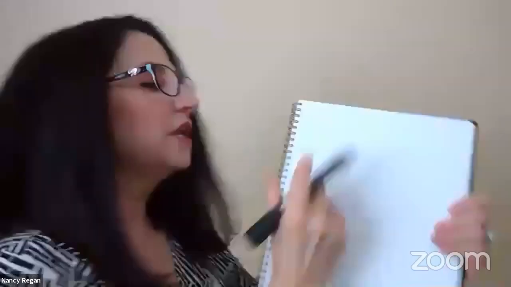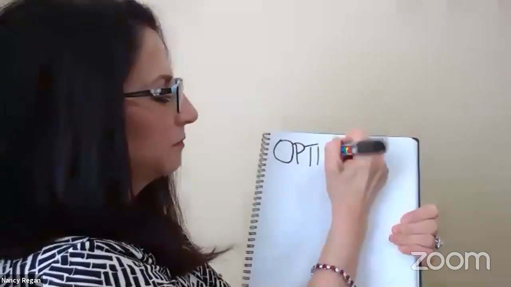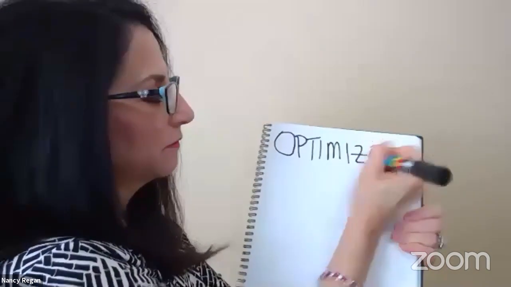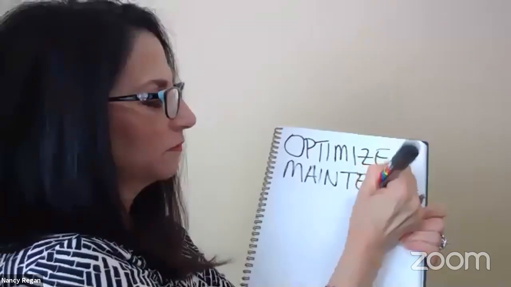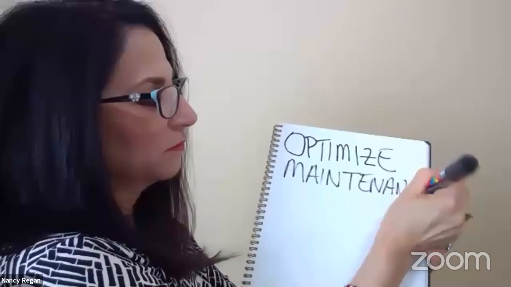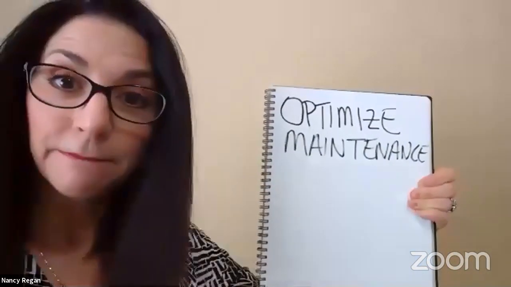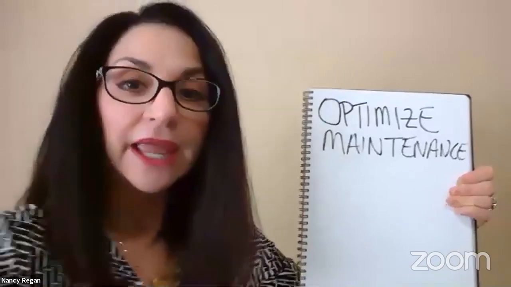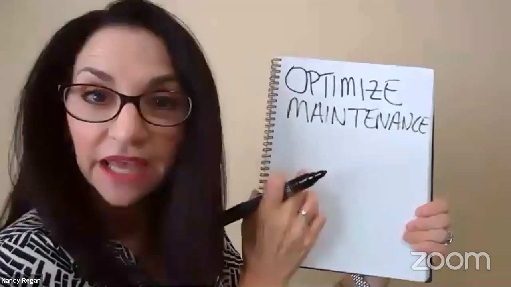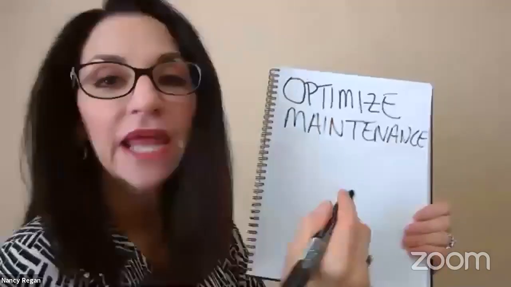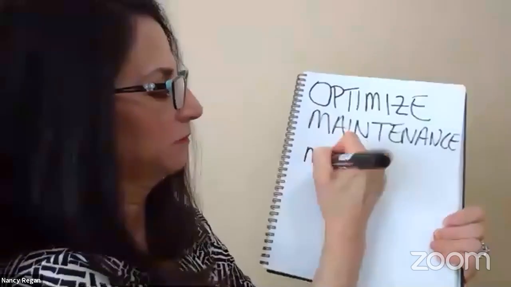Well, you see, you naturally optimize your maintenance when you do reliability-centered maintenance, because in order to assign a maintenance task in the context of RCM, it has to satisfy two criteria.